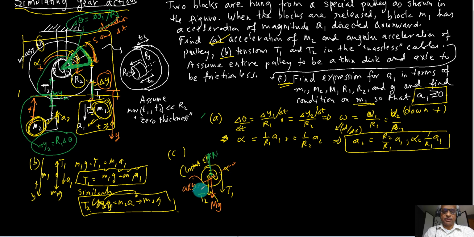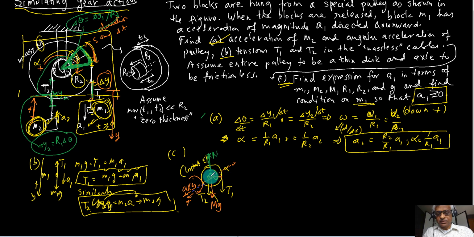It is going this way, and you can say angular velocity is this way and angular acceleration is that way, but that way we are doing positive. We're doing positive direction. So T1 times its lever arm, from this axis to that, is its lever arm.